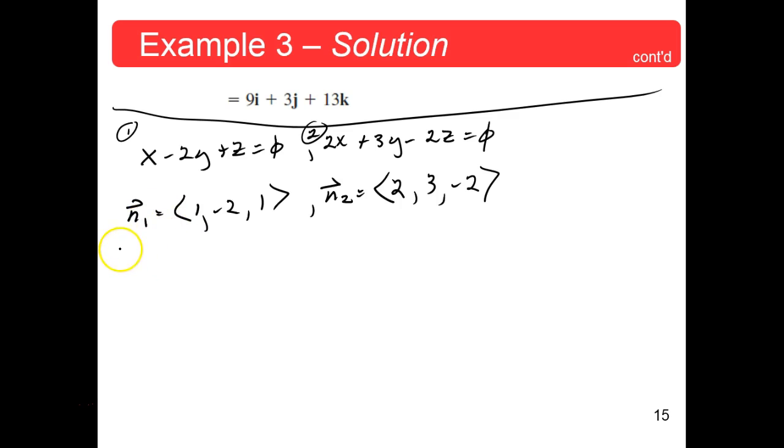Okay, you can do that anytime. You have to do it sometime. So let's do the magnitude of N1, which would be the square root of 1 plus 4 plus 1. That's going to be the square root of 6, right? What's the magnitude of N2?